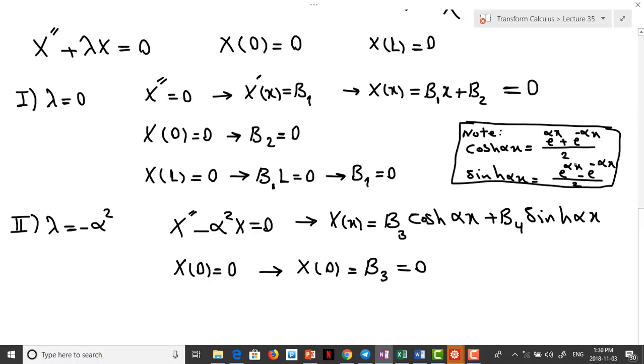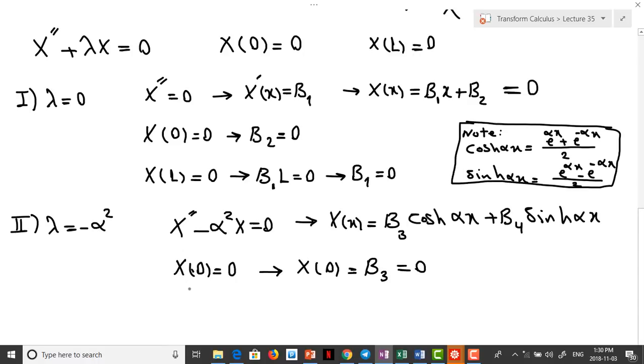It's just the definition of cosine hyperbolic and sine hyperbolic. You can see that cosine hyperbolic at 0 is equal to 1, but sine hyperbolic at 0 is equal to 0. The other thing that you have to know is that sine hyperbolic and cosine hyperbolic are not periodic functions. They are exponential functions.